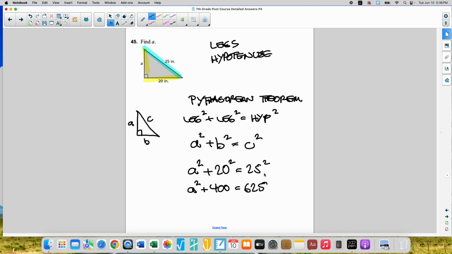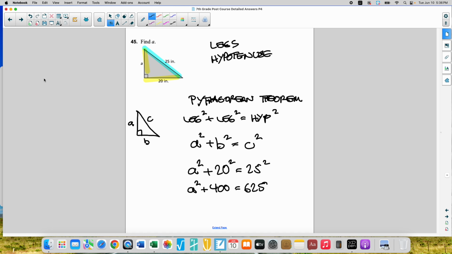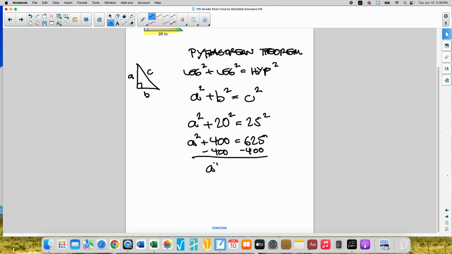Pretty sure of that. 25 squared equals 625. I was correct. And now we're going to isolate, so we will subtract 400. And that leaves us with a squared equals 225.